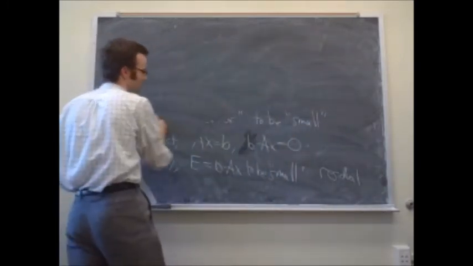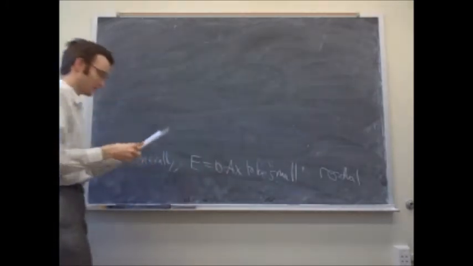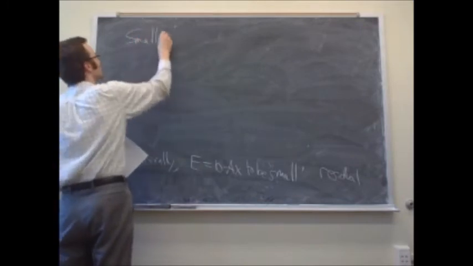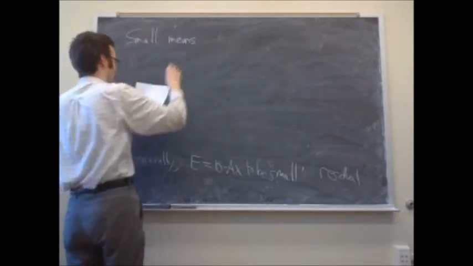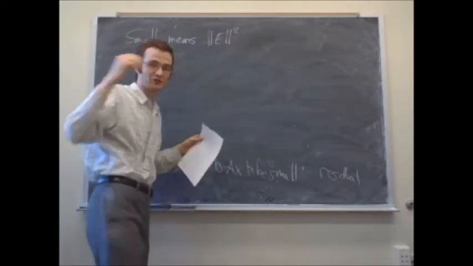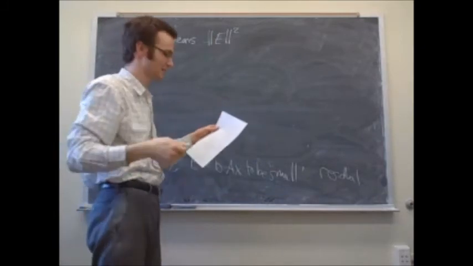So, what do I mean by small? Well, small means we have to choose some way of saying small. So let's say the norm squared, or equivalently the norm, is small.